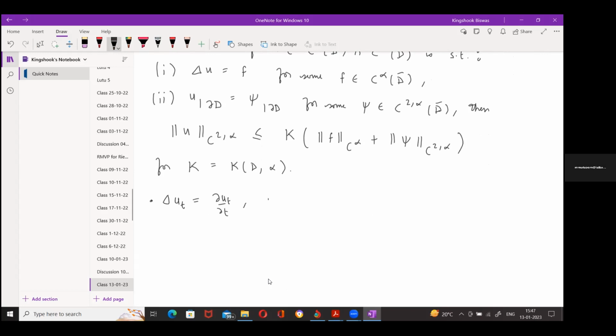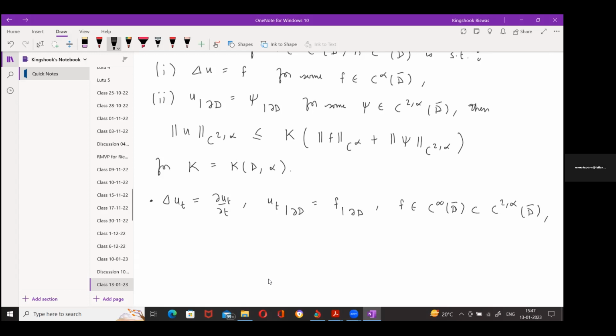And u_t restricted to boundary D is equal to some function f restricted to boundary D, where f I can take to be smooth up to the boundary. Okay, so this is contained in C2 alpha of D closure.